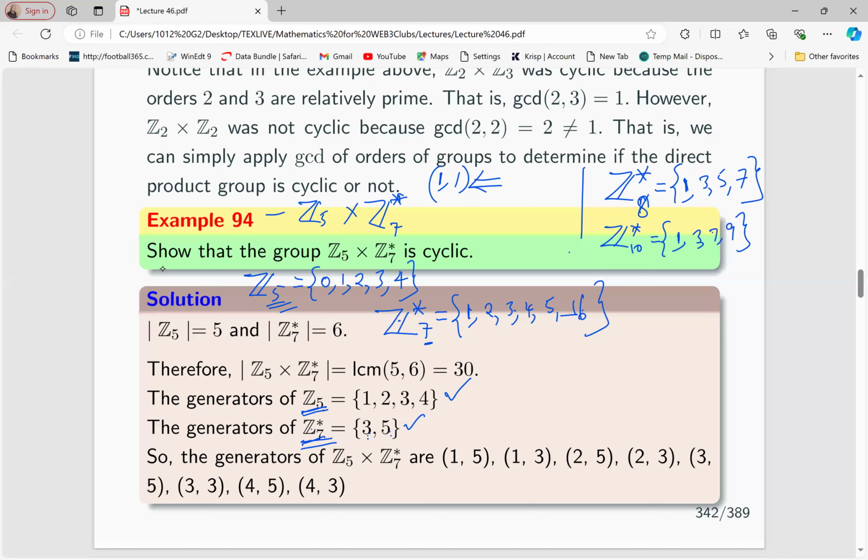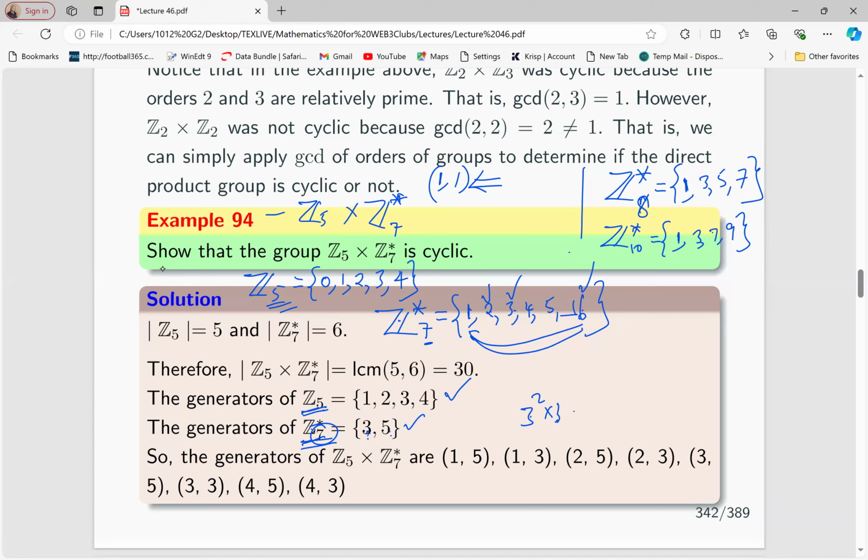So when you try 3, you multiply it by itself. 3 once is just 3. 3 twice will be 9 mod 7, that gives you 2. Then 3 thrice is 3 twice times 3, but 3 twice is 2, so you get 6.